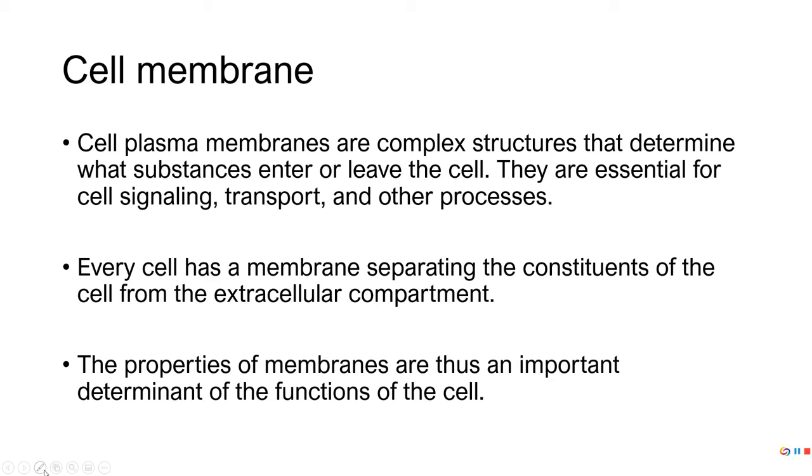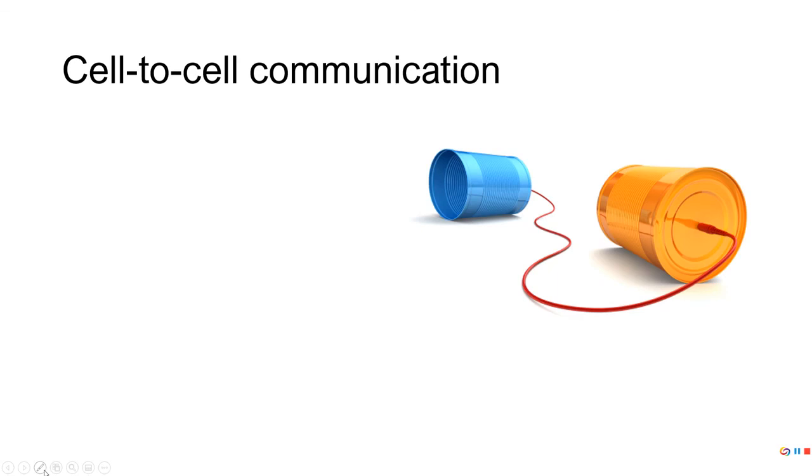This is important because when things enter or leave a cell, it changes the properties of the cell. For example, with a neuron, as ions enter or leave, that can cause an action potential to occur. An action potential is one way that a cell communicates with another, and that's really important, and it leads into cell-to-cell communication.